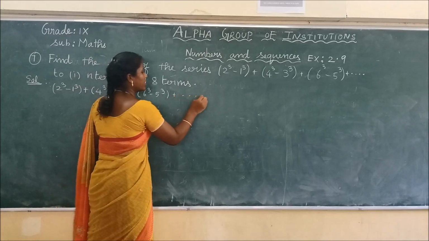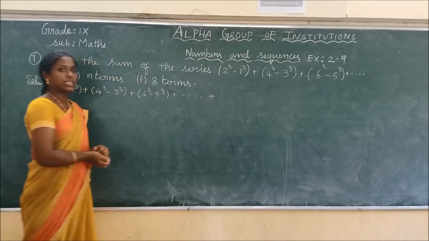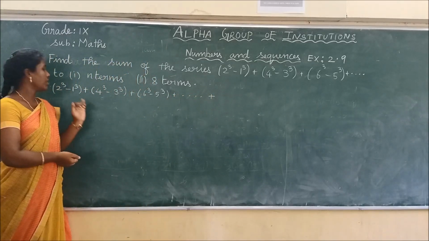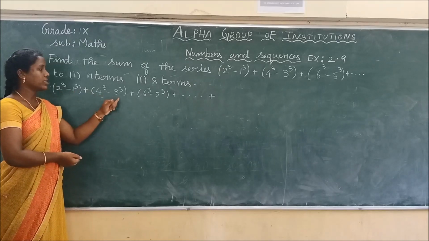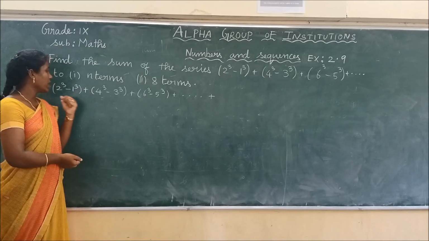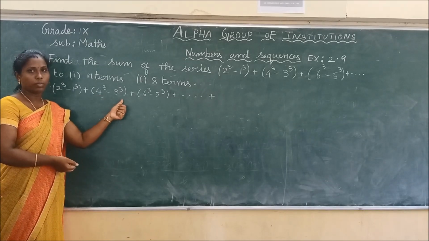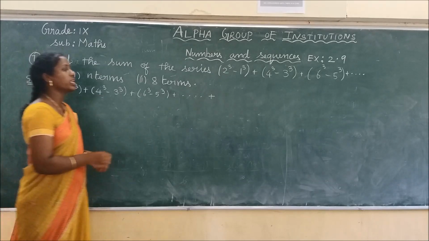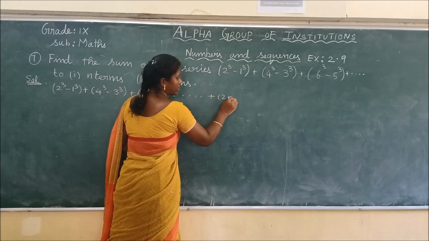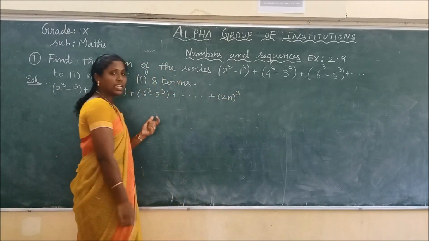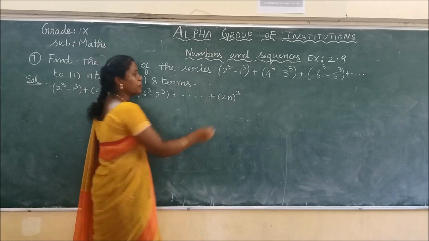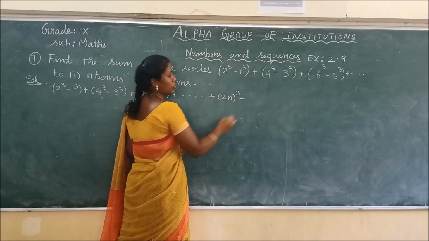So plus etc. To create the nth term for this series, see how the series is framed. 2 minus 1, 4 minus 3, 6 minus 5. So even number minus the previous odd number, again even number minus the previous odd number. In general, how can the even number be given? 2n. So I am creating the last term as 2n the whole cube minus the odd number before it.